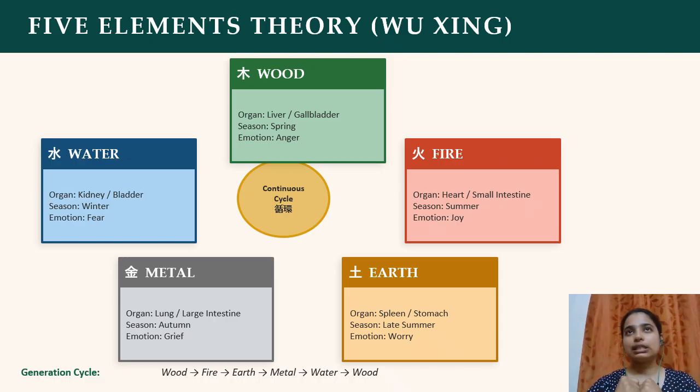So that is a concept which comes from traditional Chinese medicine, where they say that psychological issues or the emotions which we suppress can lead to issues in various organs of the human body.